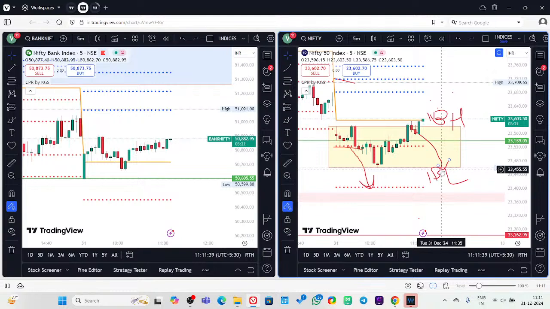Okay, it wants to move above the previous day low.